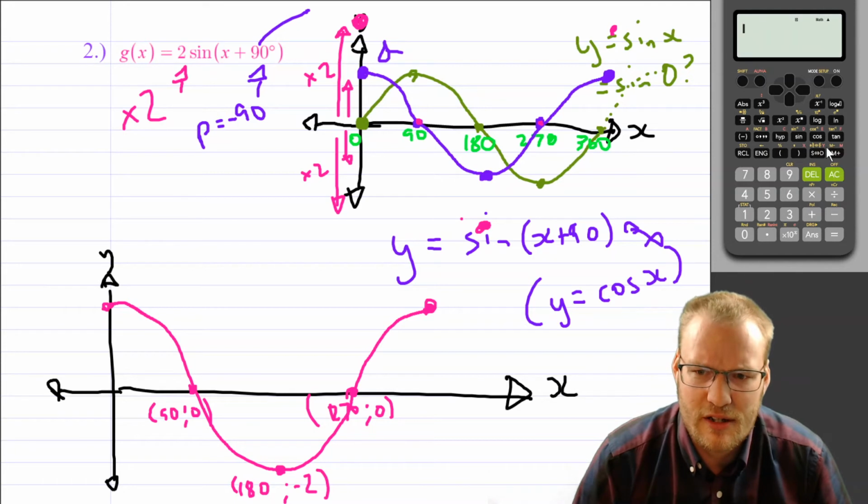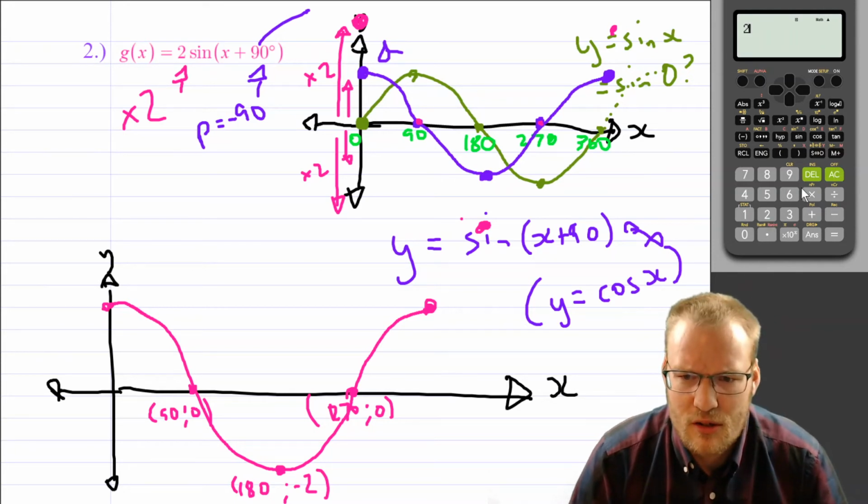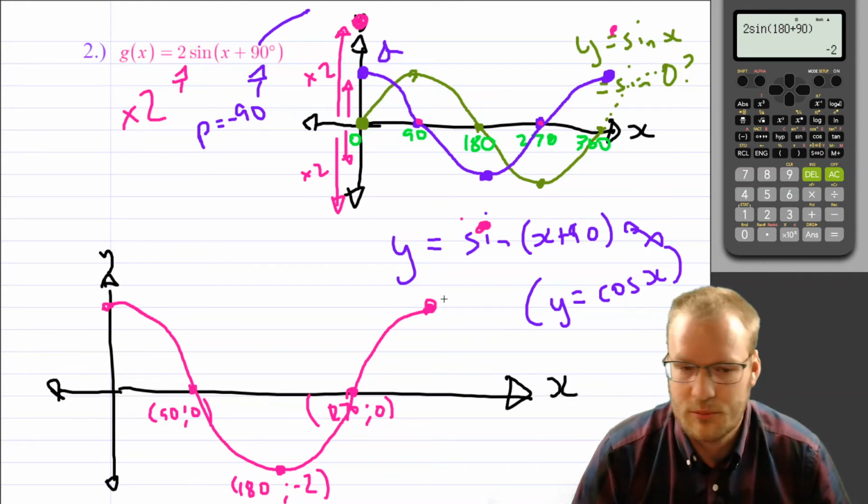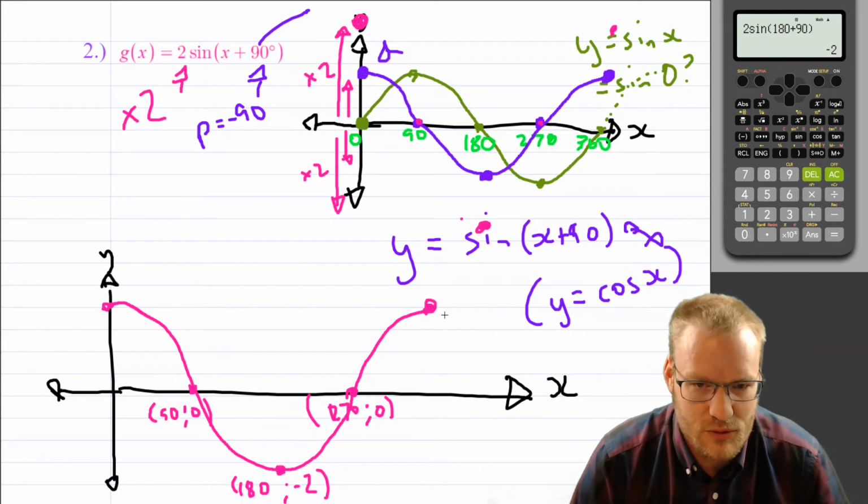Maybe you just got your calculator out just to double check it and went, what's 2 times sine of 180 plus 90? In other words, 2 sine x plus 90. So when our x is 180, -2 is our output. Cool, so that matches out with what we said.